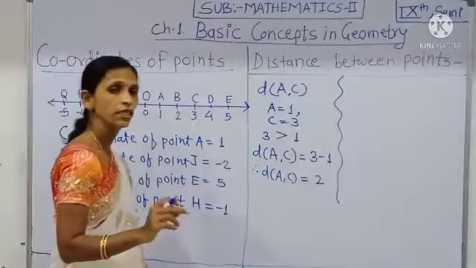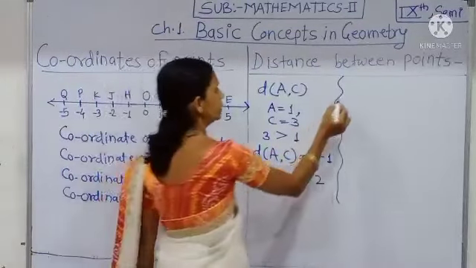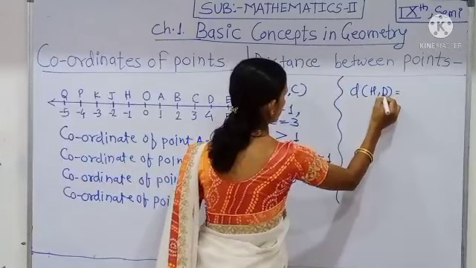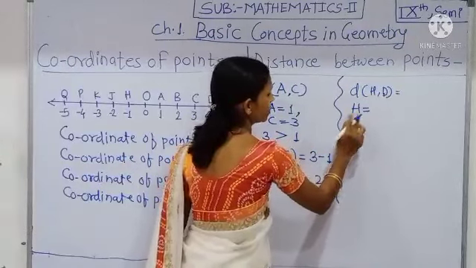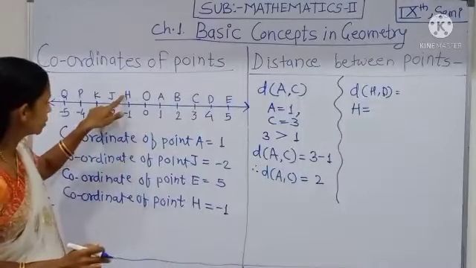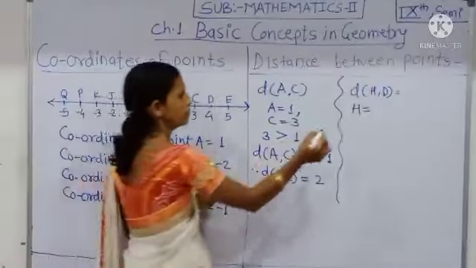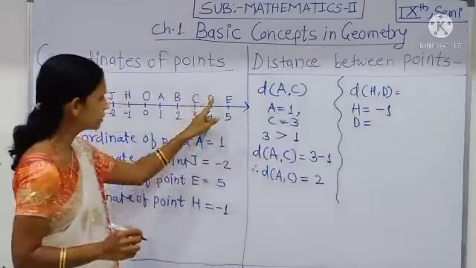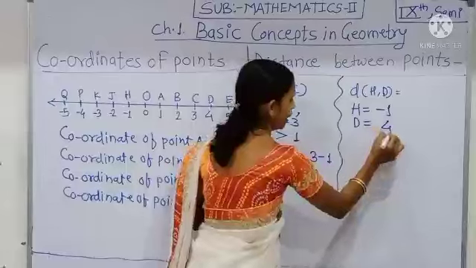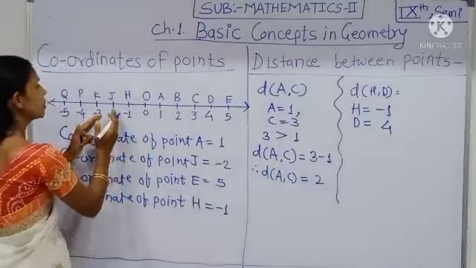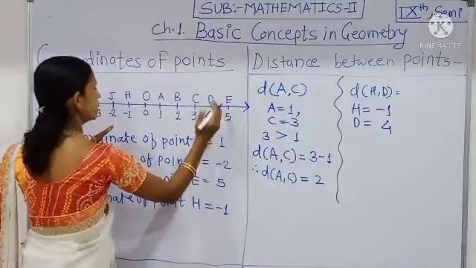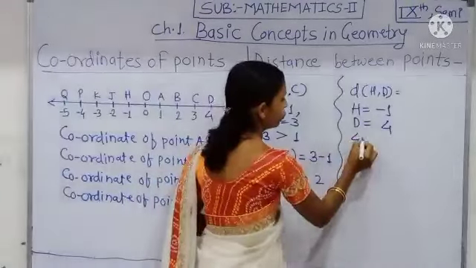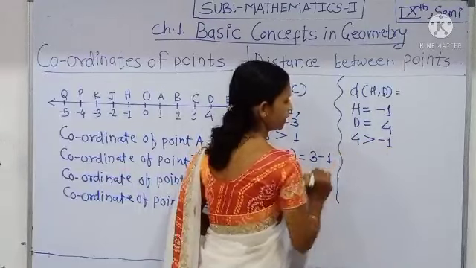See here, the distance between H and D. First write the coordinate of H. The coordinate of H is -1, and the coordinate of D is 4, and the number on the right-hand side is greater. Therefore here 4 is greater than -1.